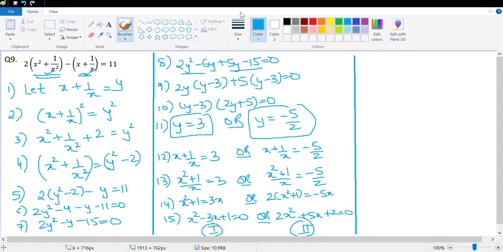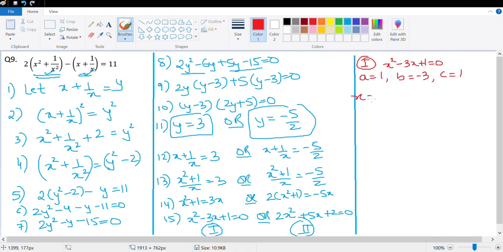So let's work with the first equation now. The first equation is x² − 3x + 1 = 0. I can't find factors of 1, the sum of which will be −3. So let's use the formula. a = 1, b = −3, c = 1.